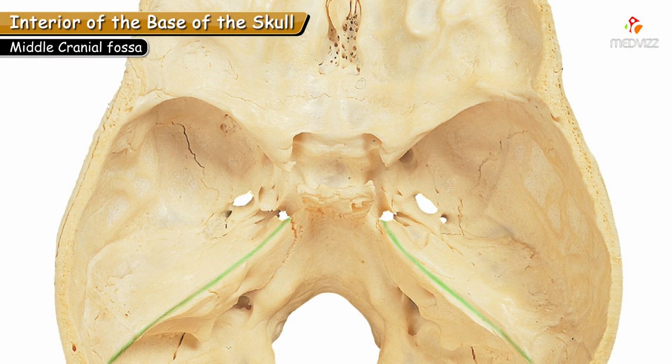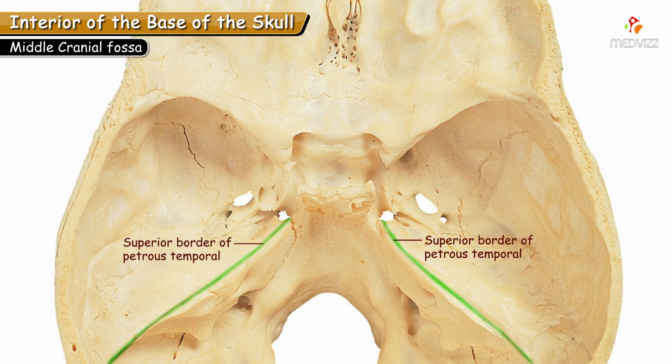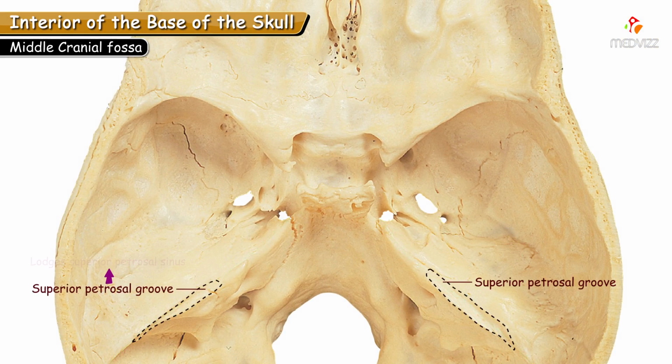Along the upper border of the petrous temporal, it is grooved by a sinus called the superior petrosal sinus, which is a paired dural venous sinus present on each side over the superior border of the petrous temporal. The margins of this groove, the superior petrosal sulcus, provide attachment to the tentorium cerebelli. The tentorium cerebelli is a tent-like fold of dura mater separating the cerebrum from the cerebellum.